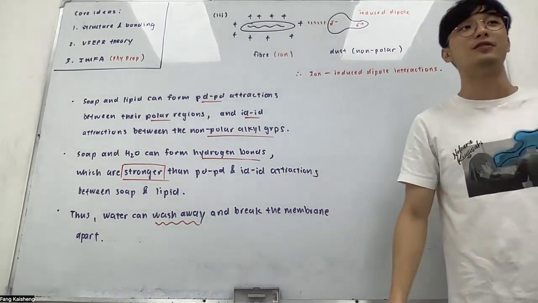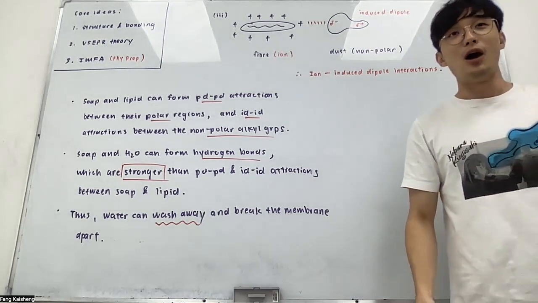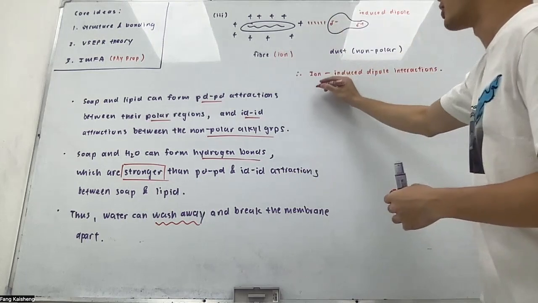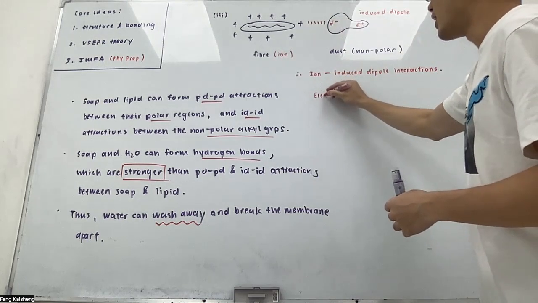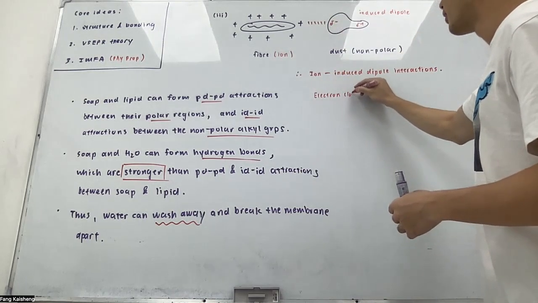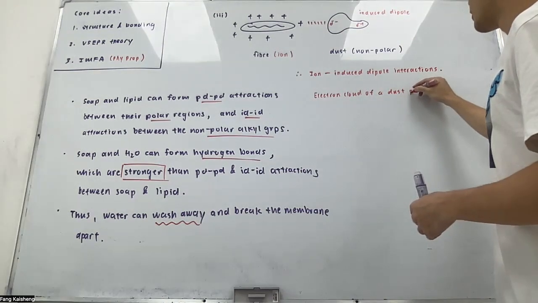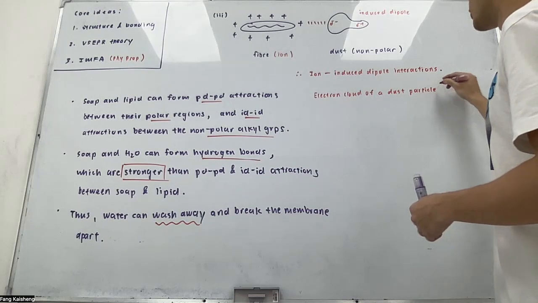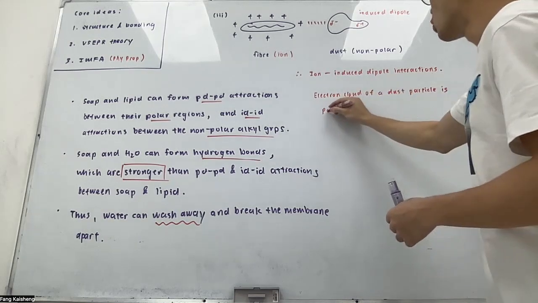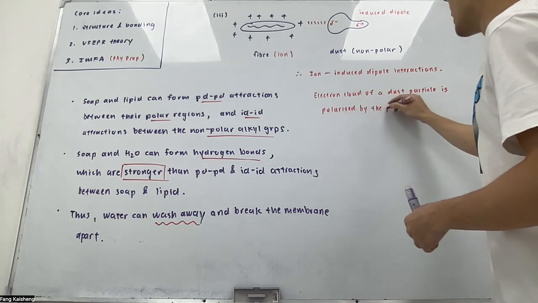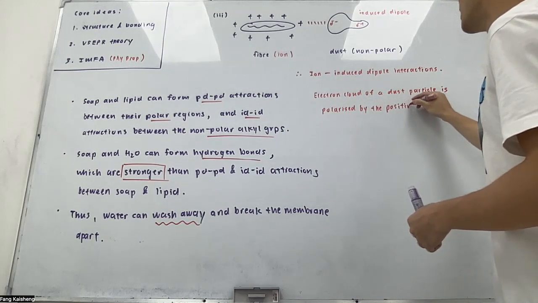So to answer the second part of this question, it's quite easy. How do these interactions arise? Mostly it is the polarization of the electron cloud. So you can tell me this: the electron cloud of a dust particle is polarized by the positively charged fiber particle.